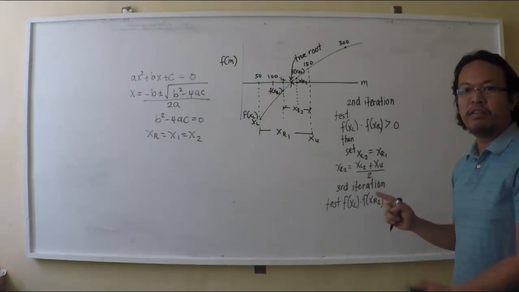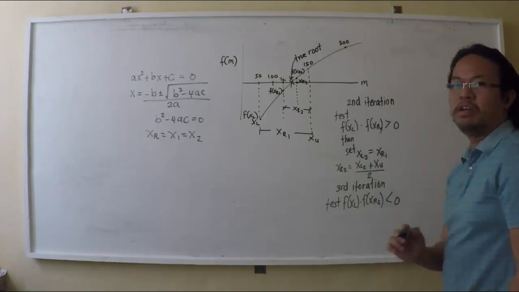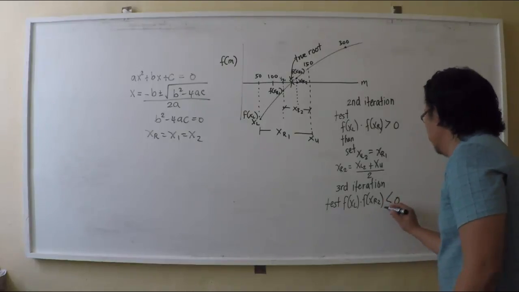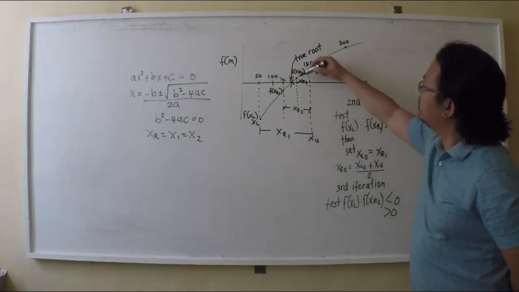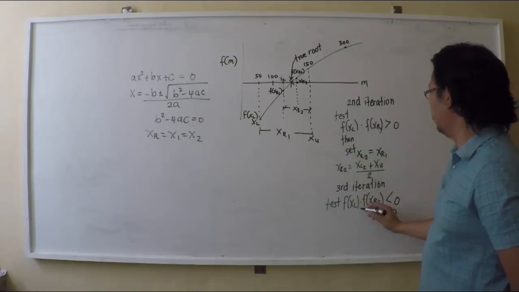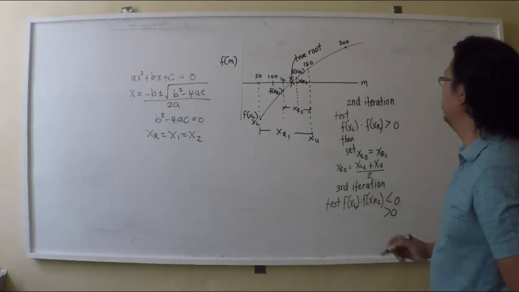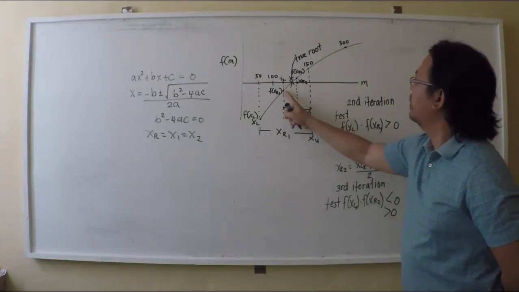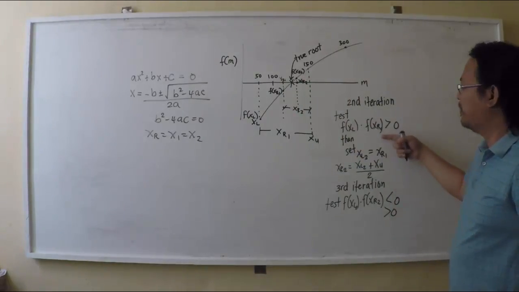Is this less than 0, or greater than 0? F of xr2 is positive, whereas f of xl2 is negative. Negative times positive is negative. So it's different here now.